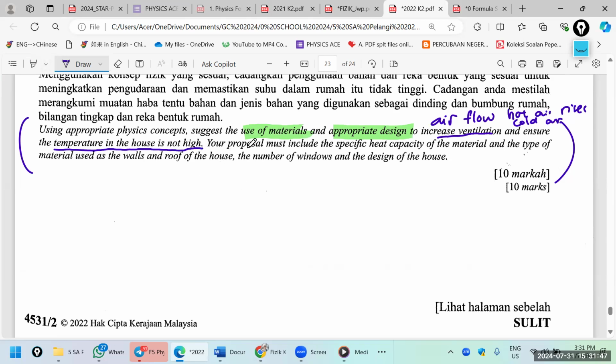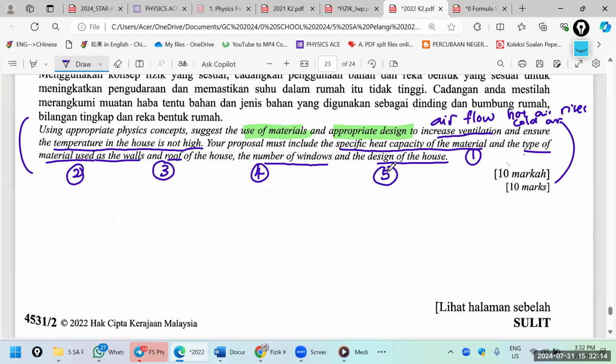Your proposal must include the specific heat capacity of material, the type of material used as wall and roof, the number of windows and the design of the house. Can you see here got 1, 2, 3, 4, and 5 characteristics.